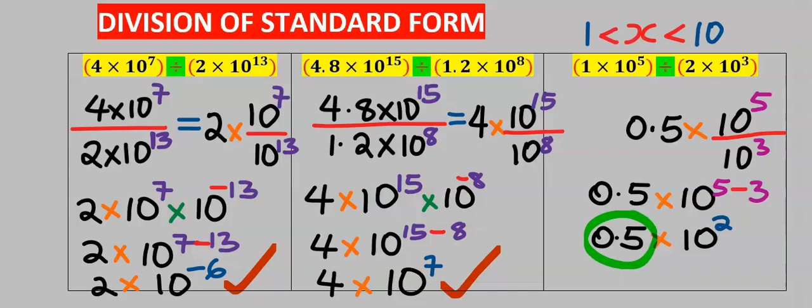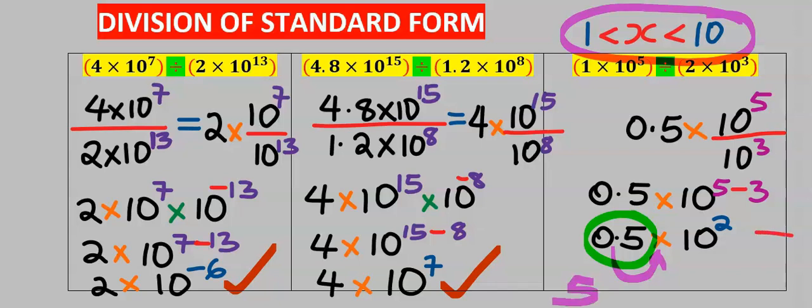The number allowed in this position of standard form must be between 1 and 10 only, and 0.5 is less than 1. Hence, I will move this decimal to the right, and here I'm going to have 5. And this movement will decrease these 2 to become 10 to the power of 1.